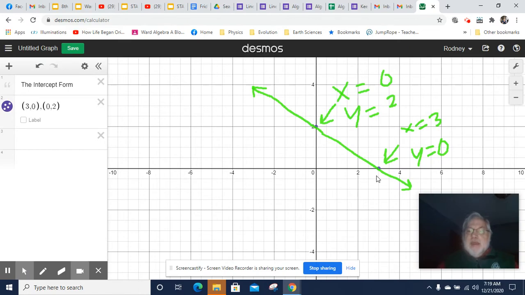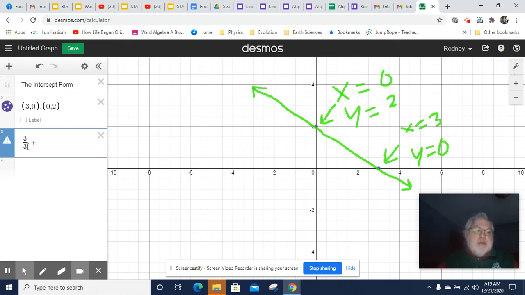What would x over the x-intercept equal at the x-intercept?